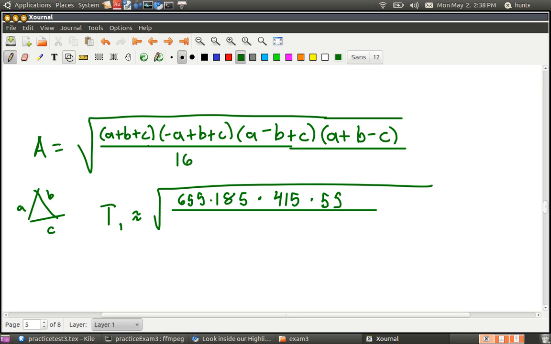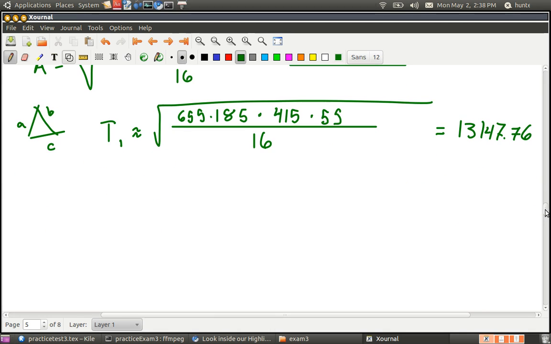Those correspond to these four pieces here. And on the bottom is 16. And this turns out to be 13,147.76 square feet.